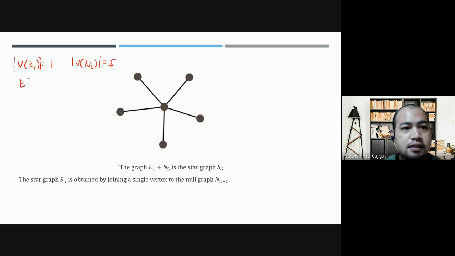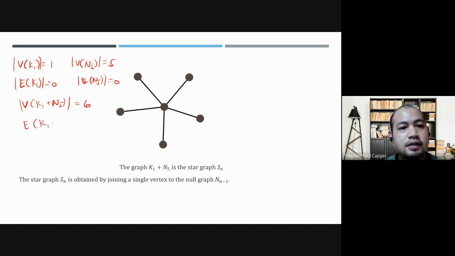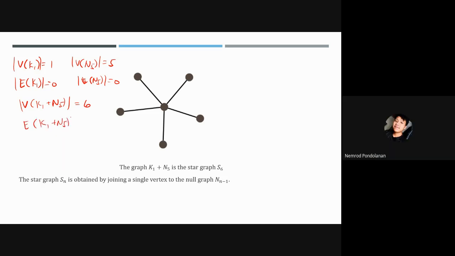The edges of K1 is 0. The edges of N5 also 0. So let's now get the vertices of K1 plus N5. This is equal to 6. And the edges 5, sir.